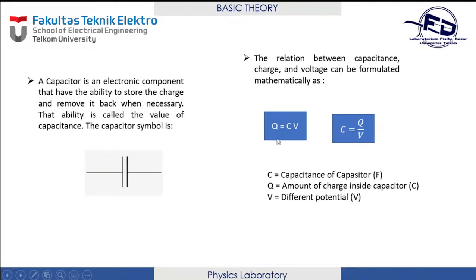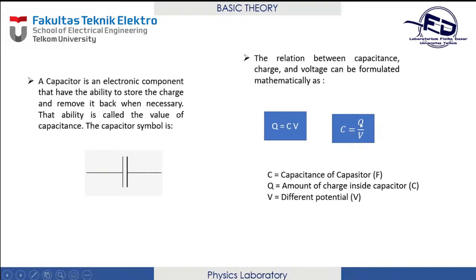On this equation, you can see that this C stands for the capacitance of the capacitor, with the unit to measure the value called farad, with an F here, okay?